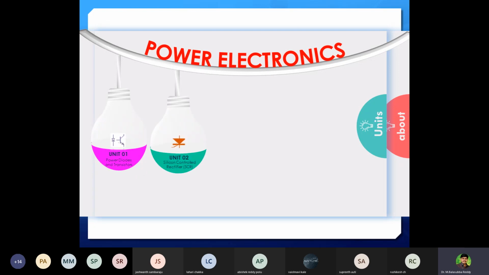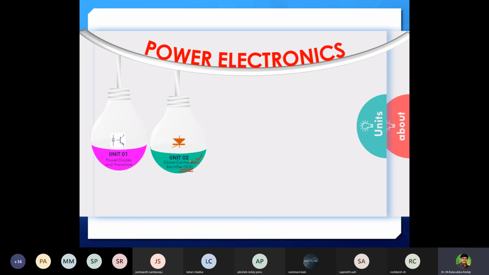Now the second unit: SCR or thyristor, silicon controlled rectifier. This one is the heart of the course. Normally in each controller we will use only thyristors or SCRs. Both are the same, silicon controlled rectifiers or thyristors.